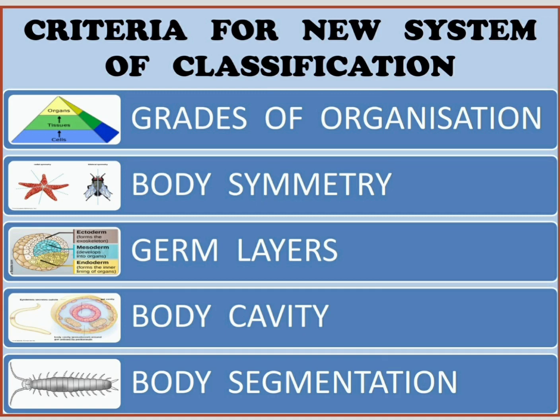The fourth one, body cavity. And the fifth one, body segmentation. So our new system of classification, the one which the scientists are following right now, is based on these 5 criteria.